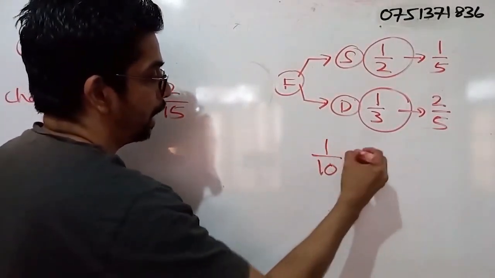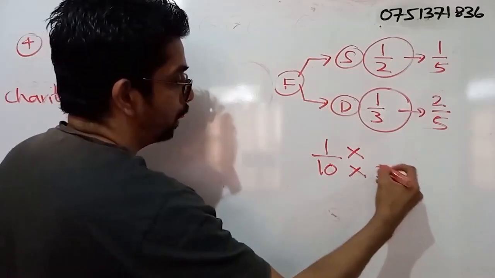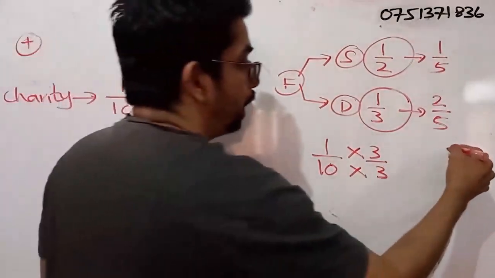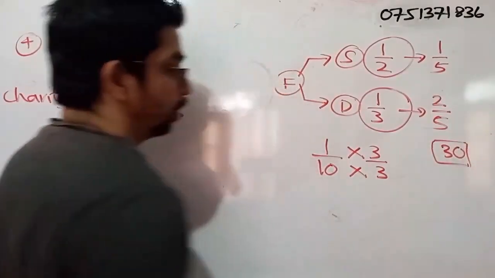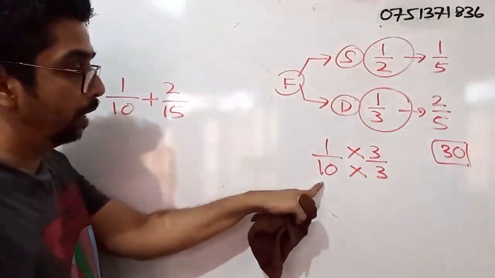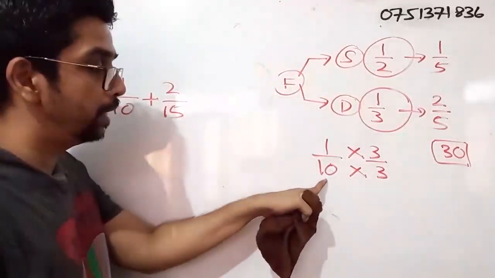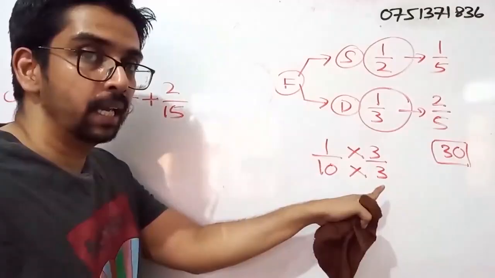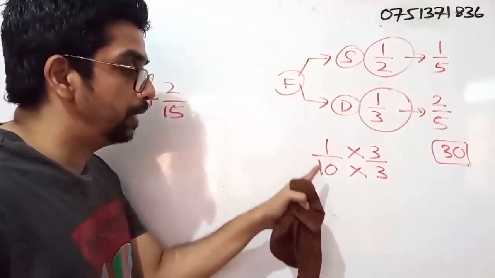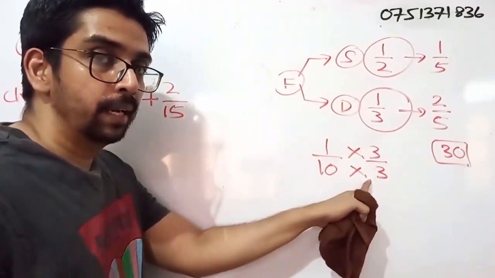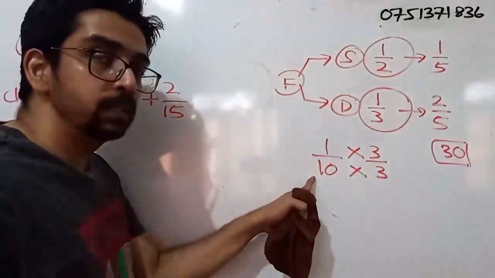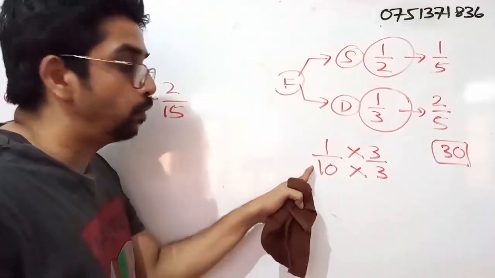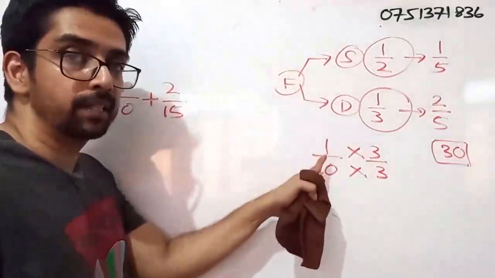So 1 by 10. I have to multiply the numerator and the denominator by 3. Why do I do that? The common denominator is 30, no? So when we consider this fraction, the denominator is 10. So we have to convert the denominator into a 30. In order to do that, we have to multiply the denominator by a 3. So whenever we are doing something to a fraction, we have to repeat it to the whole of the fraction.